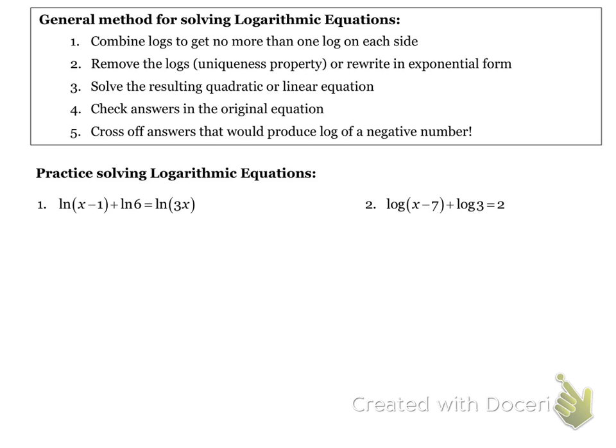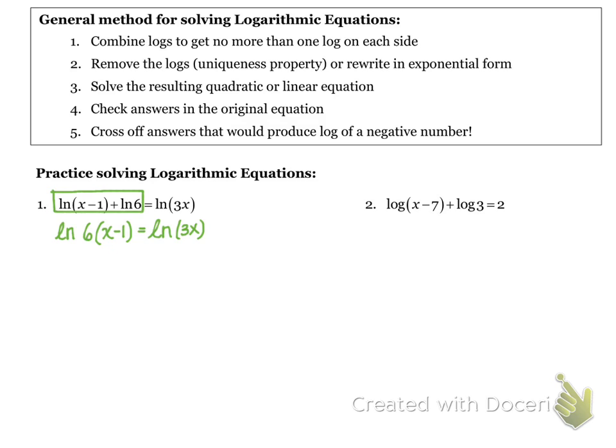Okay, so with that being said, looking at this first problem here, the first thing I need to do is have only 1 log on this left side. So I combine them by using the product property. So I have ln of 6 times x minus 1, which is equal to ln of 3x.